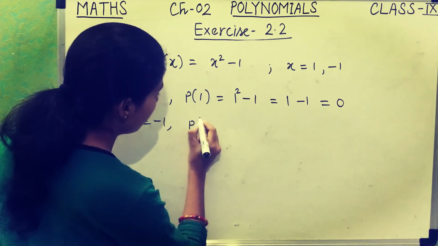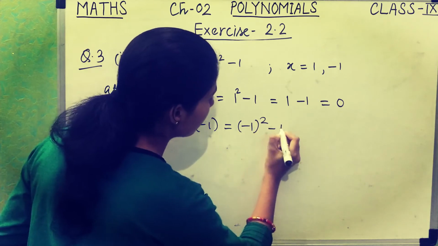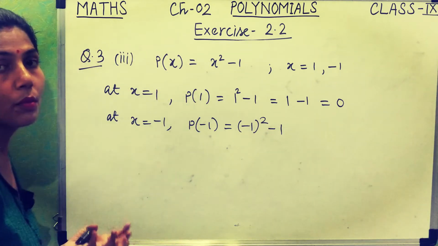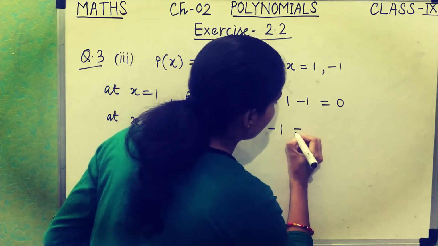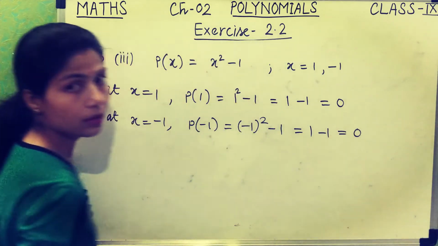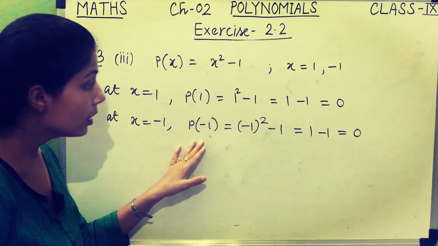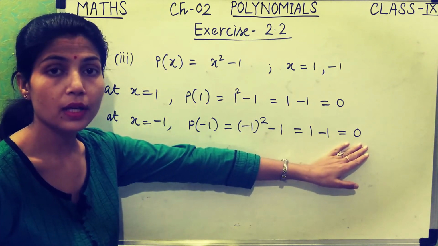Now check the next, x equals minus 1. So p at minus 1 is minus 1 whole square minus 1. Square of minus 1 is 1, 1 minus 1 is 0. So at x equals minus 1, the polynomial also has value 0.